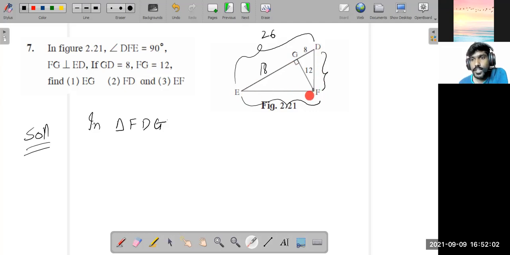You don't know the length of either side. So use a smaller one: FDG for FD, or EGF to get the length of EF. You have to do both. First, tell me what is FD. Fast, come on.